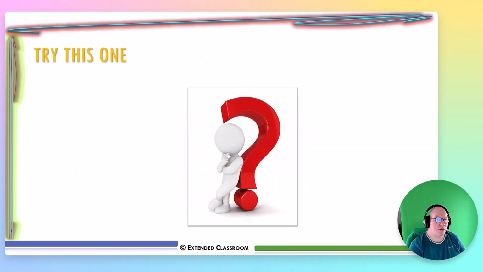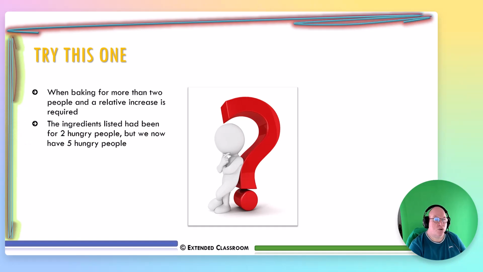Give this one a wee try. So when you're baking for more than 2 people and you want it to be relative to the increase, the ingredients in the recipe that we've listed are for 2 hungry people. But what if we now have 5 hungry people? What is the ratio to increase those ingredients within the recipe?